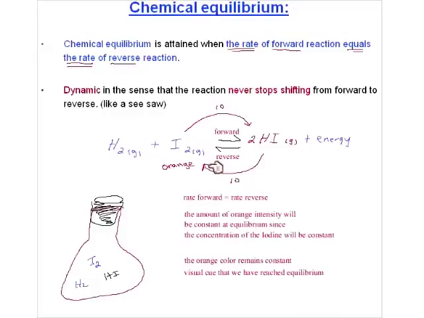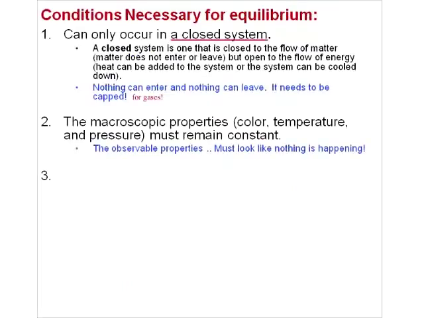But because this reaction goes forward 10 times per second, and at the same time it's coming back 10 times per second, any energy that's being produced in the forward reaction is instantly being consumed when it goes backwards. So the net effect of the energy is it cancels out, and we don't see a temperature change. That should be constant. Okay?